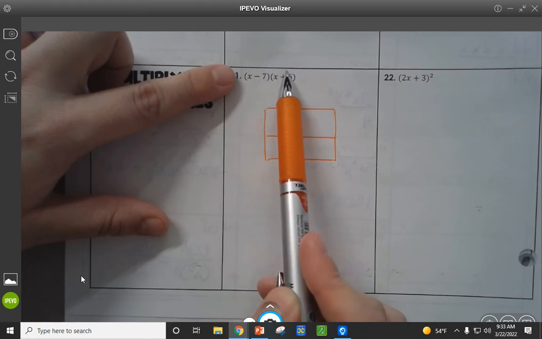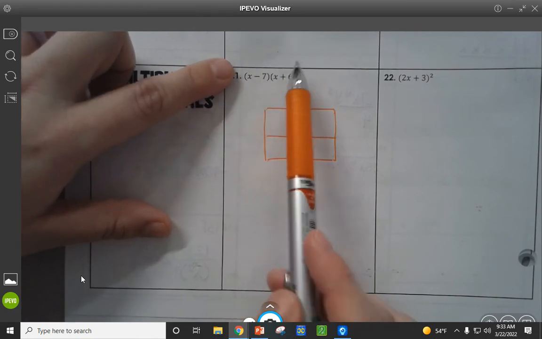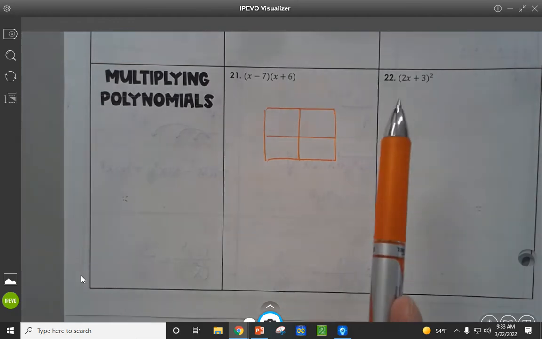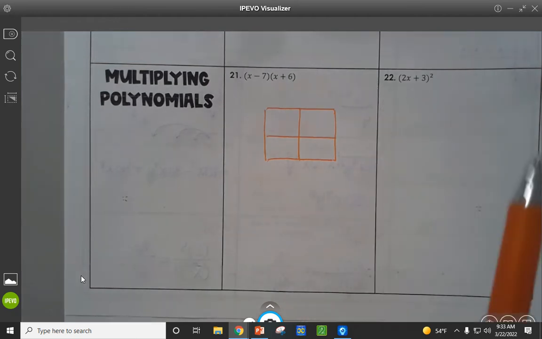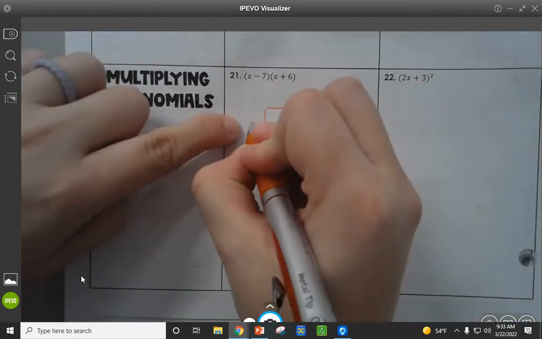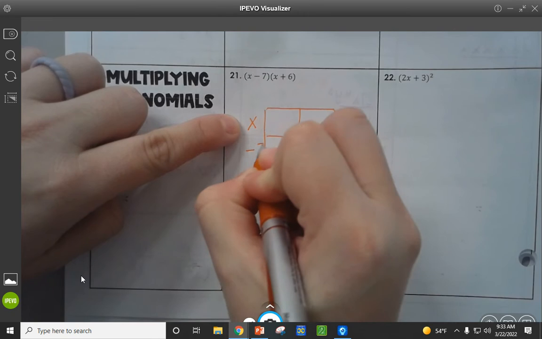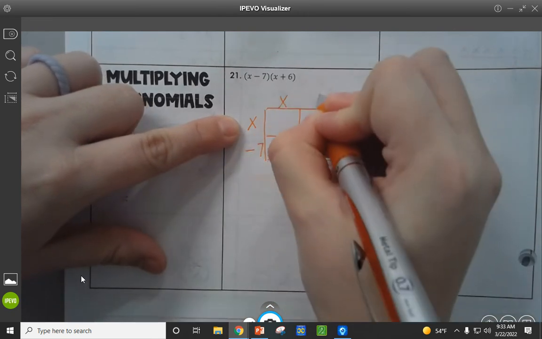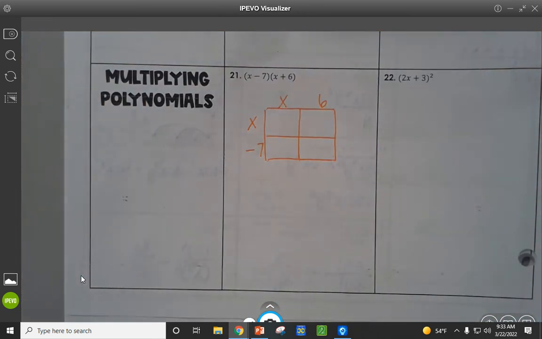So we're basically going in reverse. I'm giving you the factors and you're going the opposite way. On the outside, on one of them, I'm going to put x and a minus 7, and the other x and 6. One on the left, one on the top. It doesn't matter which one you put where.